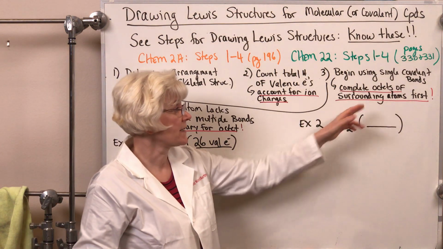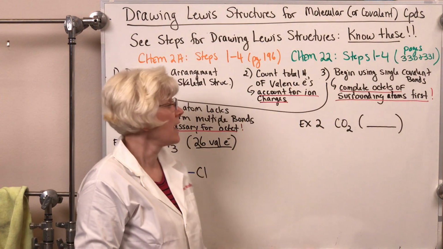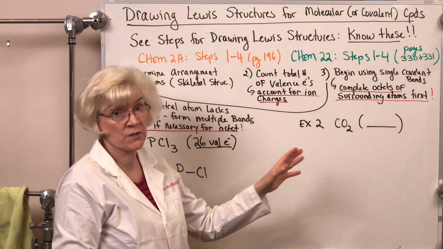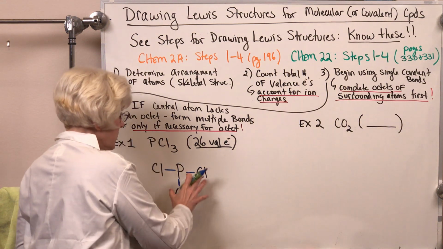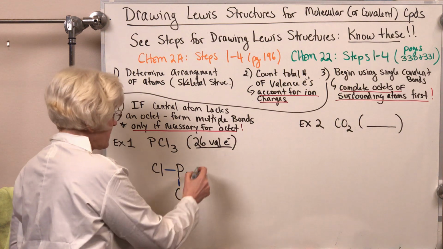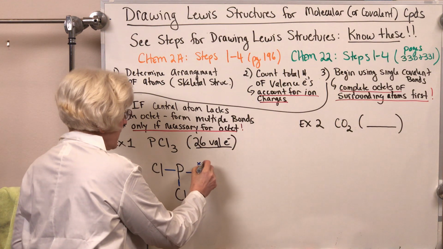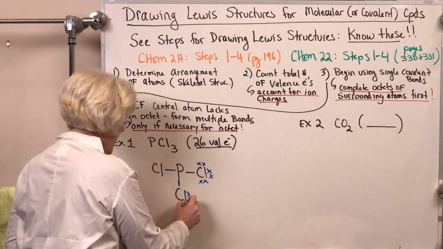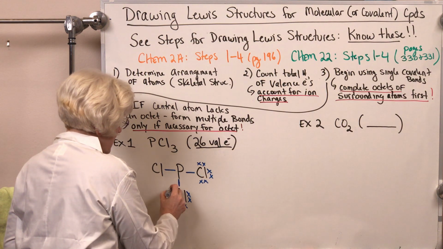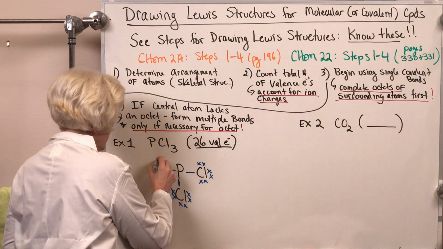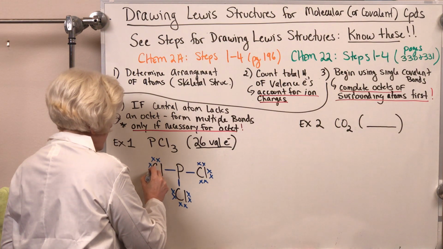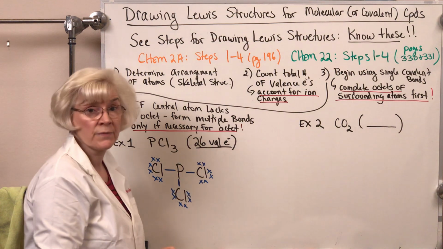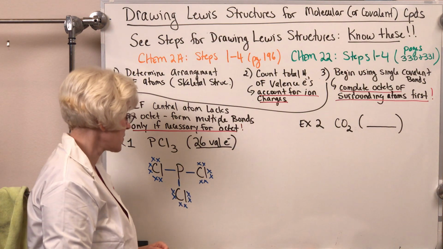And then we're going to complete the octet of the surrounding atoms first. Not the central atom, but the surrounding atoms. So chlorine is surrounding the phosphorus, and we are going to complete the octet of the chlorine atoms. So I'm giving each chlorine an additional 6 electrons to complete the octet for each chlorine atom.